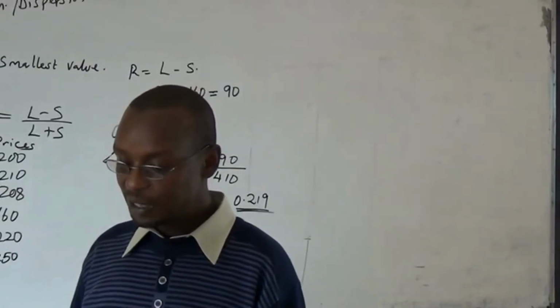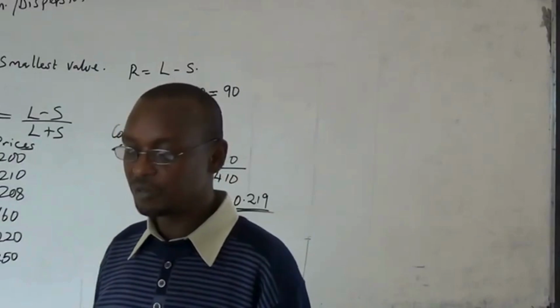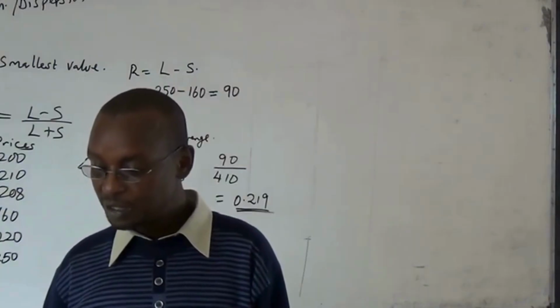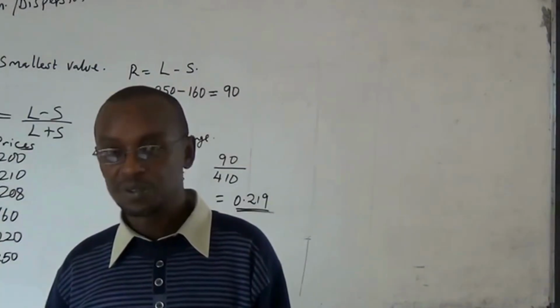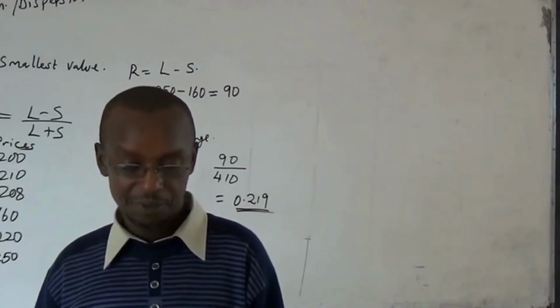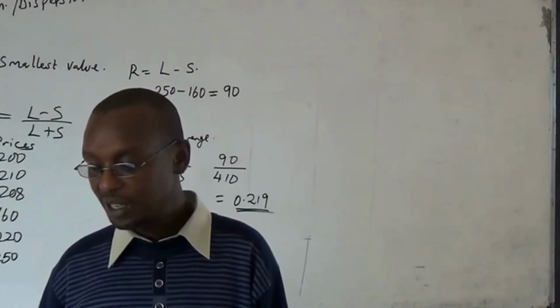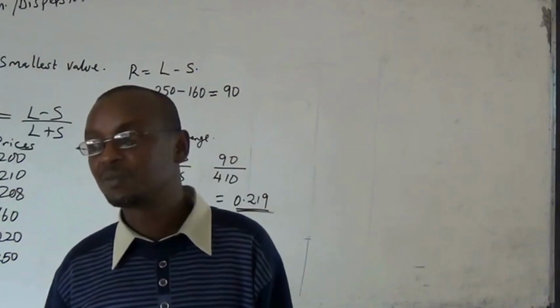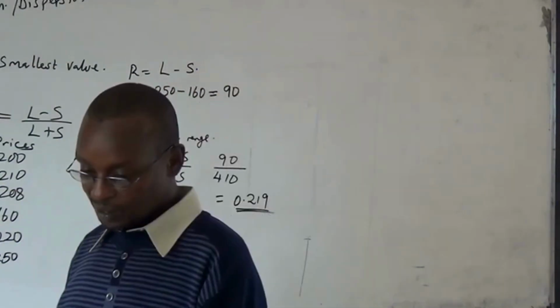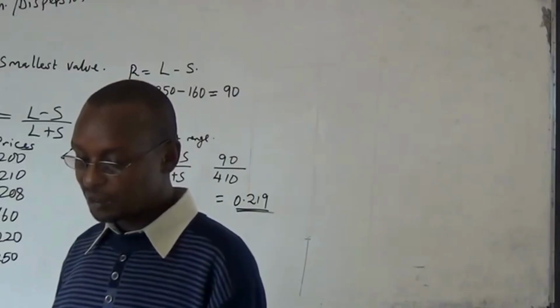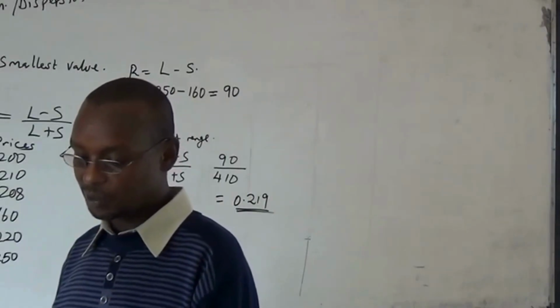One, range is not based on each and every observation of the distribution. Two, it is subject to fluctuation from sample to sample. Three, range cannot be computed in case of open-end distribution. And lastly, range cannot tell us anything about the character of the distribution.